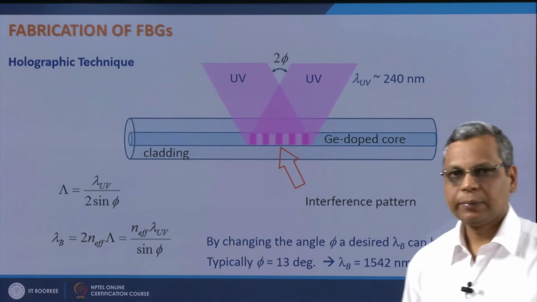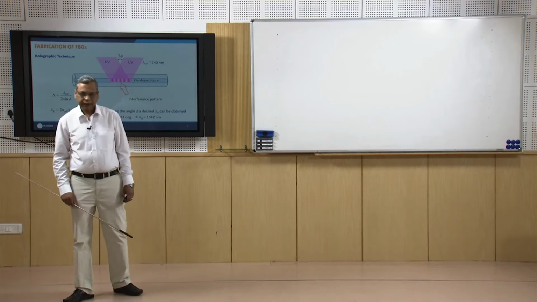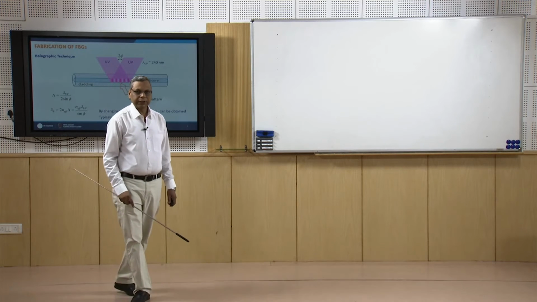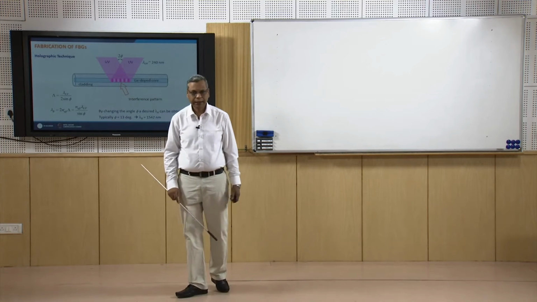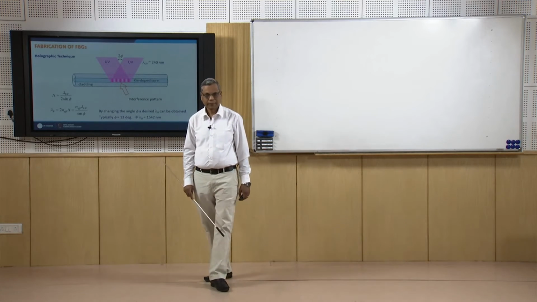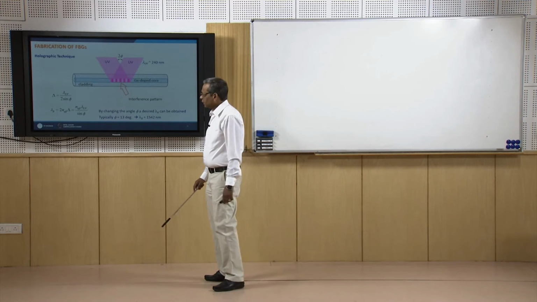Core of the fiber is germanium doped, and here we utilize the fact that germanium is photosensitive. It absorbs UV light and its refractive index changes, and this change is permanent.